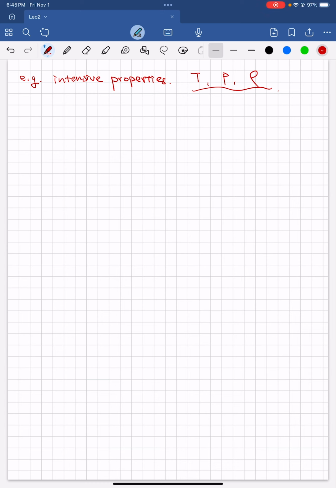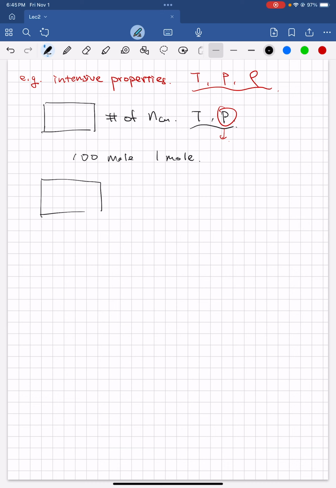Because the number of this copper crystal is not going to change the temperature or pressure, right? This is tricky, but when you think about it, even if there is 100 mole or 1 mole, if same kind of intermolecular distance, then it's going to have same pressure.